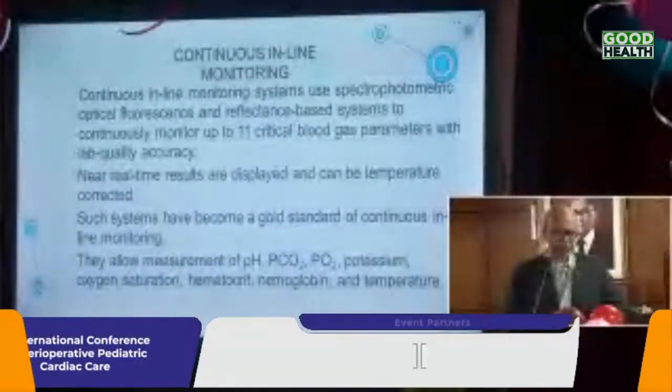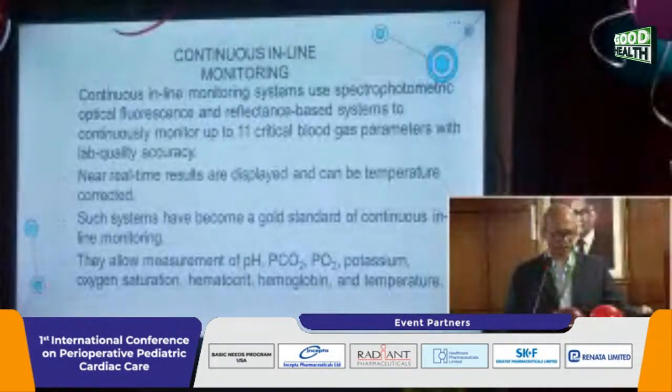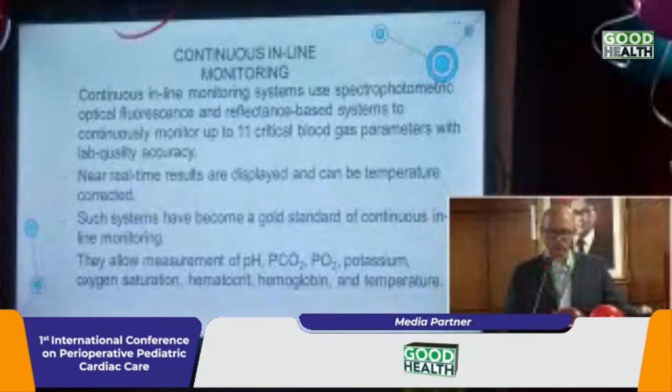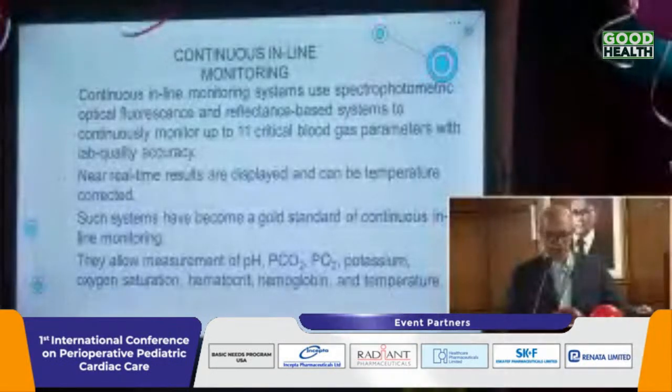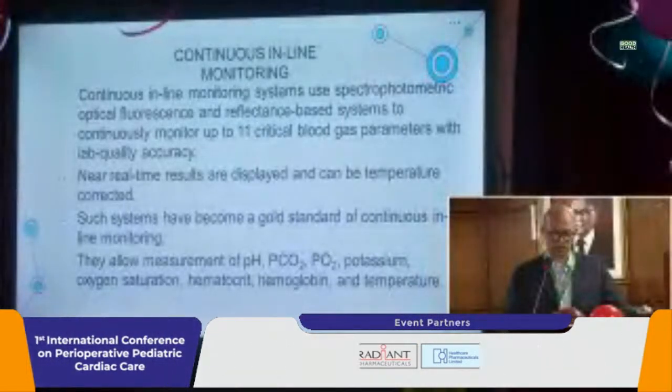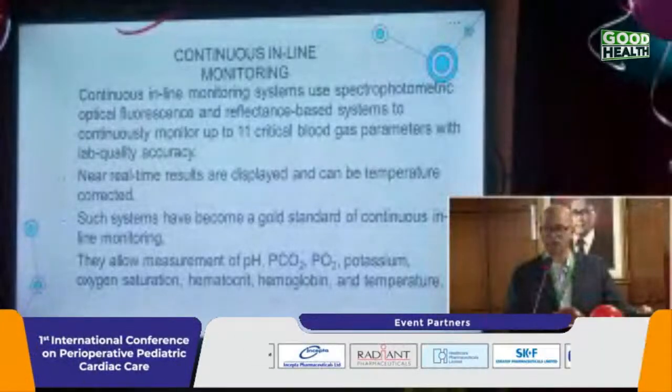Near real-time results are displayed and can be temperature corrected. Such systems have become the gold standard of continuous inline monitoring. They allow measurement of pH, PCO2, PO2, potassium, oxygen saturation, hematocrit, hemoglobin, temperature, and everything which is most essential during CPB.